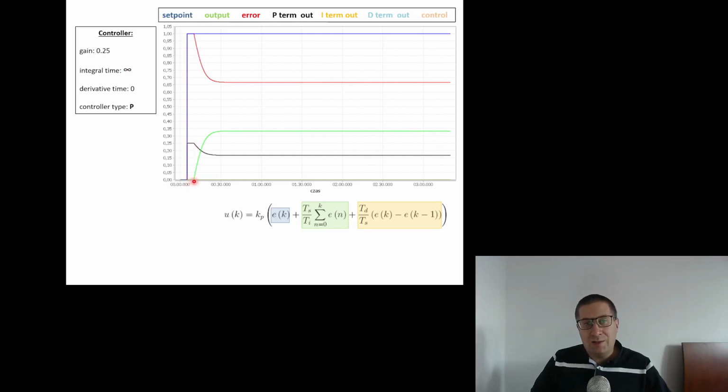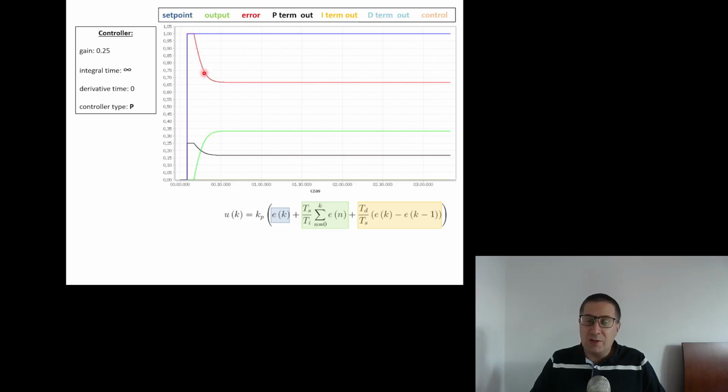After a while, after a time that is defined by the transport delay of the plant, the output starts to change, starts to increase. The error is decreasing, because the plant output is increasing, getting closer and closer to our set point.